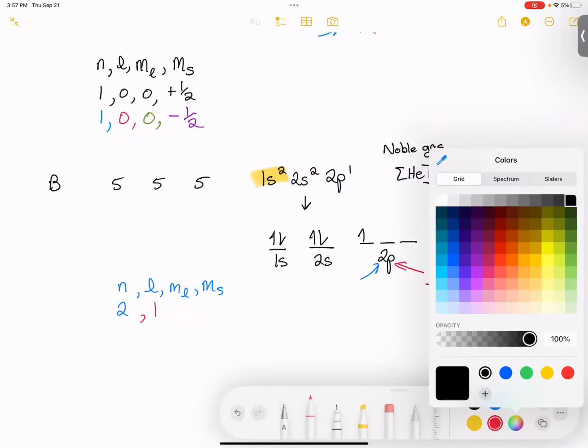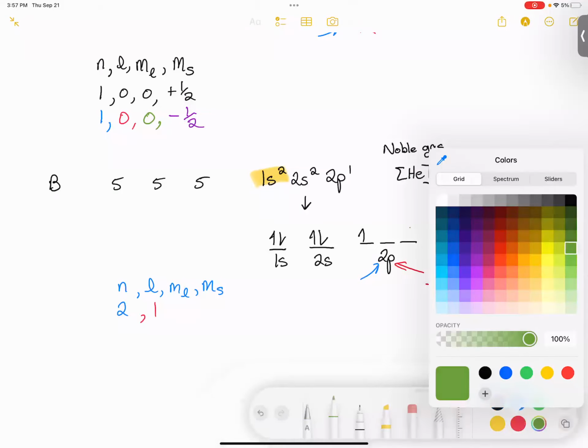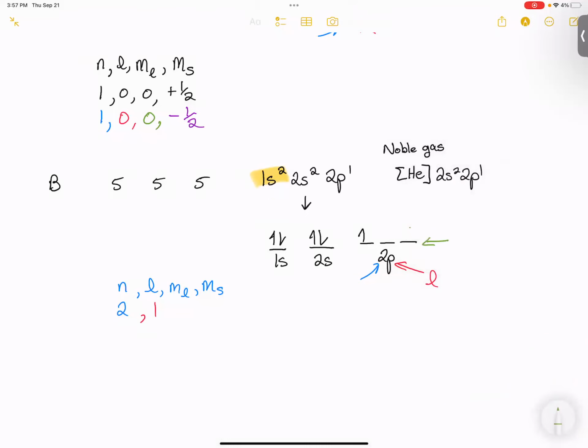M sub L is determined by our lines, but it's also determined by the equation that M sub L equals anything from a negative L to a plus L. Well, since our L is 1, this M sub L is equal to anything from a -1 to a +1. So it can be a -1, a 0, or a 1. And what I tend to do is go ahead and just write those in for the lines.